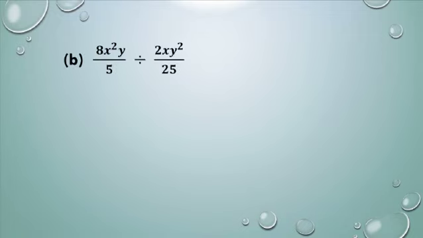Part B, 8x squared y over 5 divided by 2xy squared over 25. Again, I have to multiply by the reciprocal of the second term. So 8x squared y over 5 times 25 over 2xy squared.